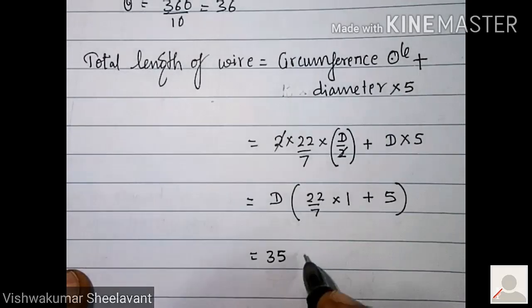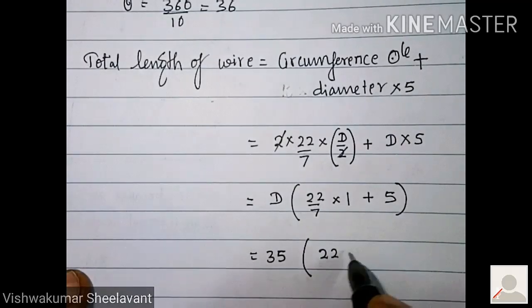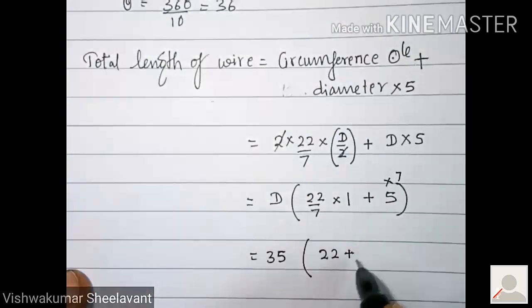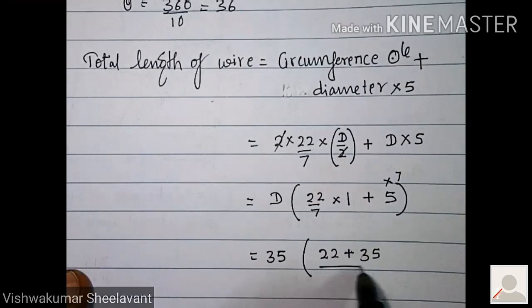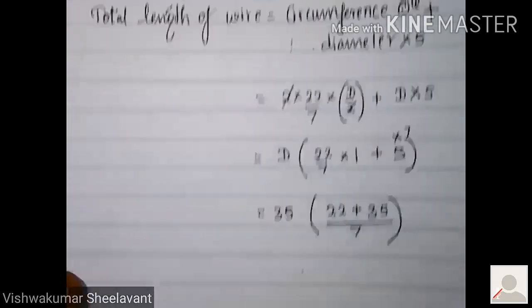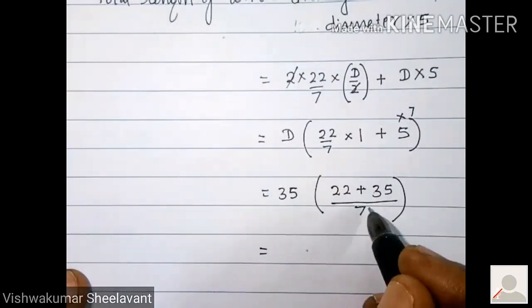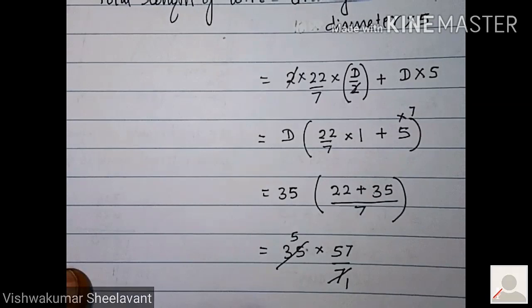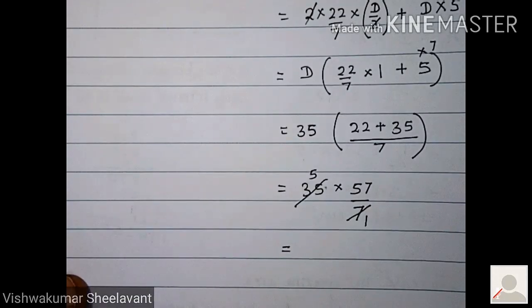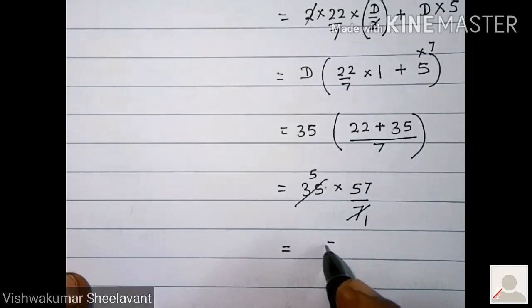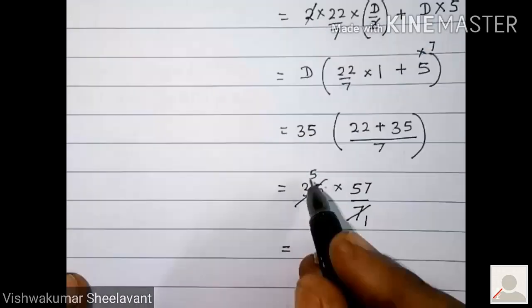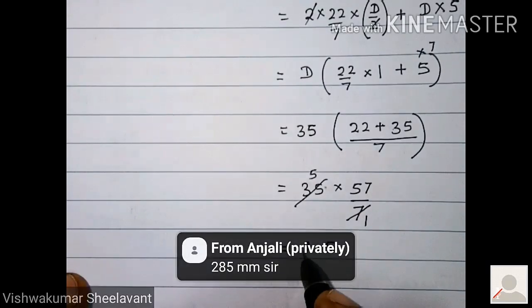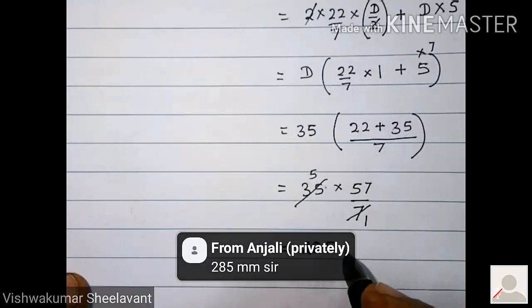D is 35. 22 plus, taking LCM, 35 divided by 7. 35 into 57 divided by 7. 7 1 ja, 7 5 ja. 5 7 ja, 35. 5 5 ja, 25 plus 3, 28. 285 millimeter.